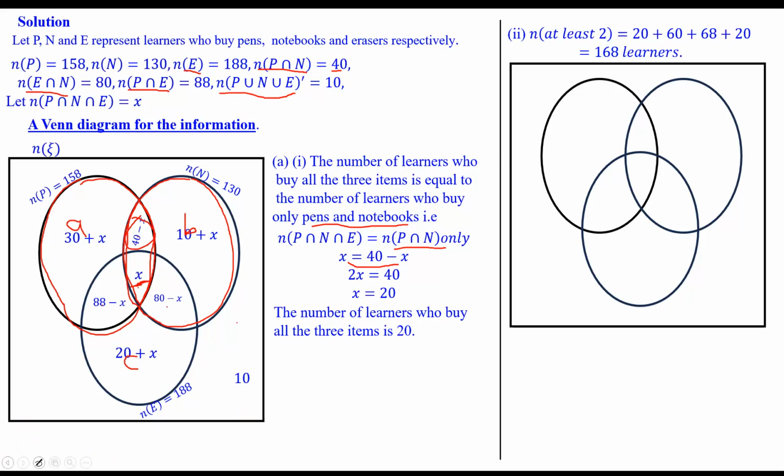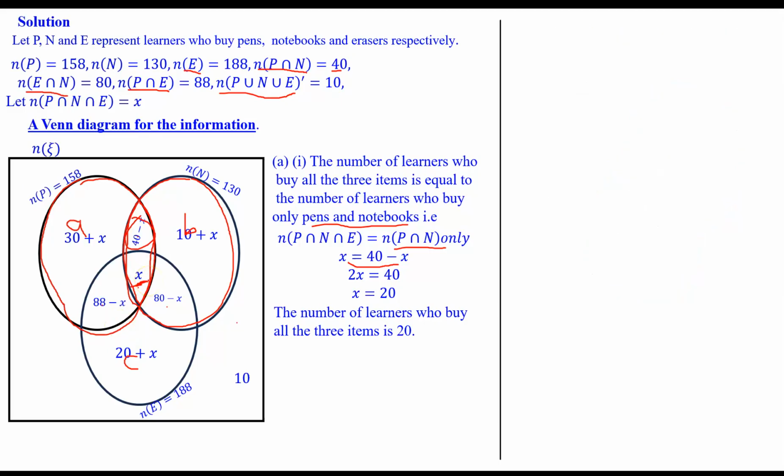So for at least 2 items, we need to check 2 items. At least 2 means 2 or more. So we shall consider those who buy 2 and those who buy 3. So we shall consider this part, this one for 2 and this one for 3.